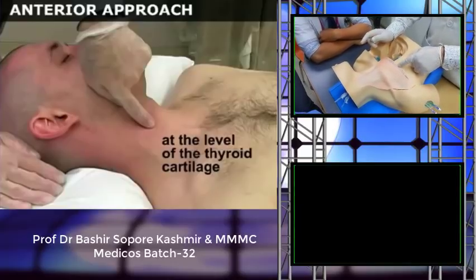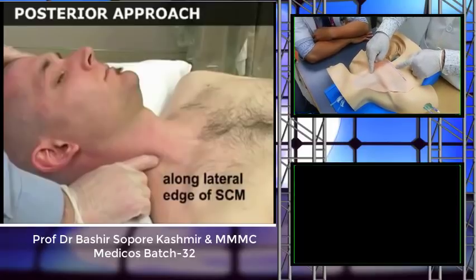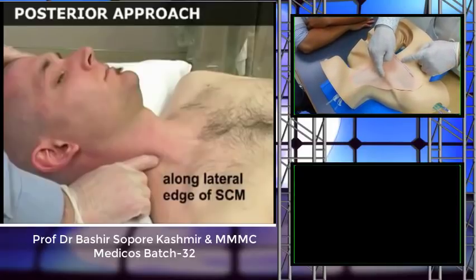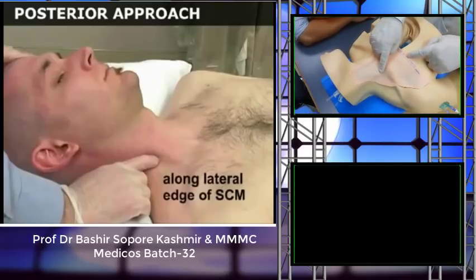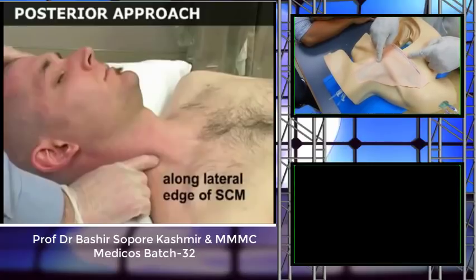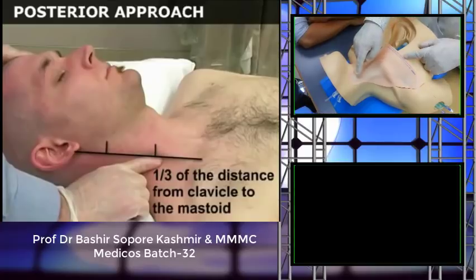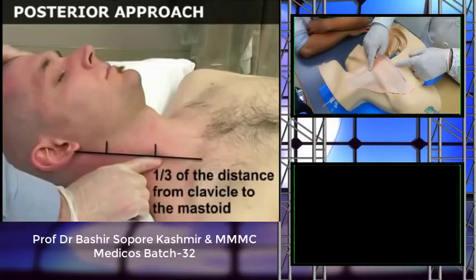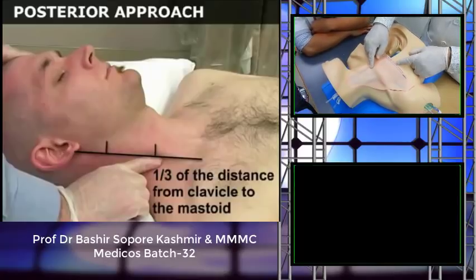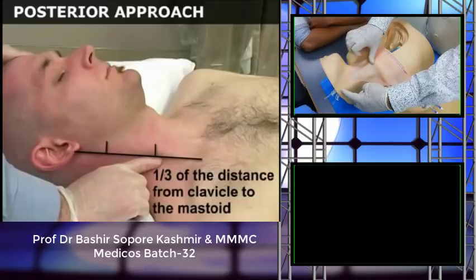is the posterior approach. This is the clavicular head and this is the sternal head. You take the sternal head and divide from the clavicle to the mastoid process. This is the mastoid process here.